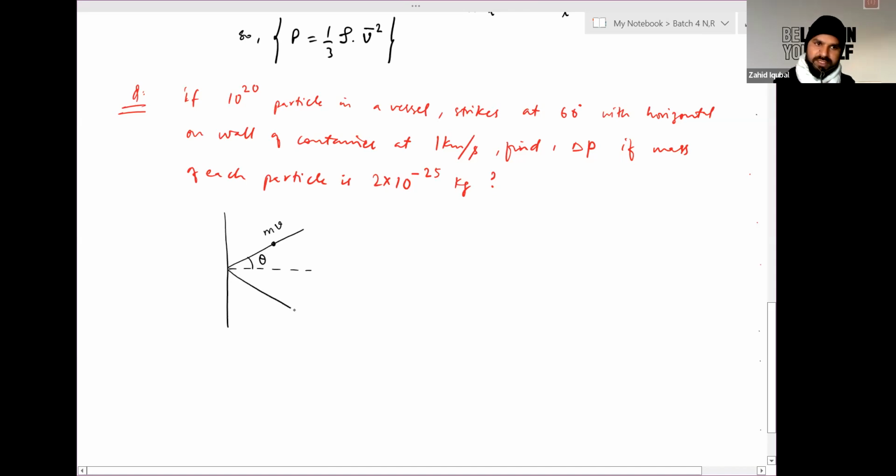So on reflecting back at the same inclination theta, it will have the same momentum mv.